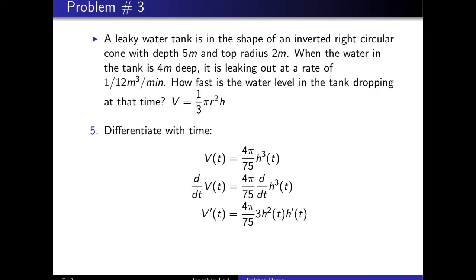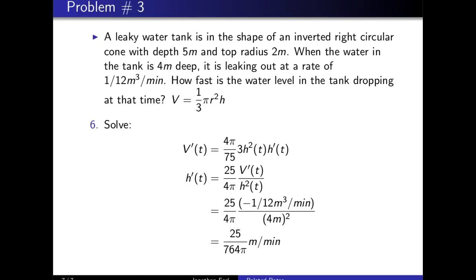The thing we're trying to find in this expression is how fast the water level is dropping, so we're trying to find h prime here. So we want to isolate our expression for h prime, and when we do that, we get that h prime is going to be 25 divided by 4 pi times V prime over h squared.